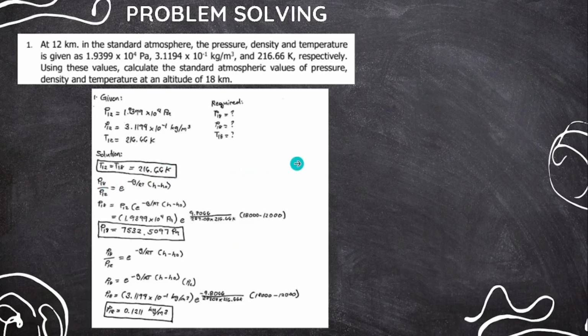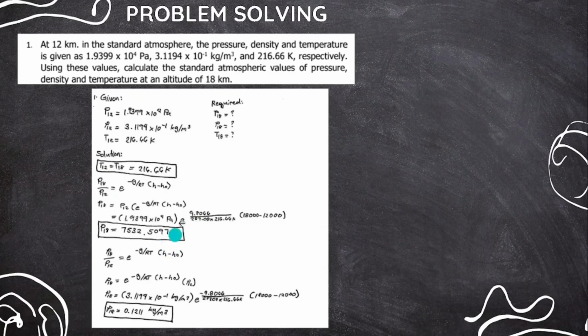The pressure at 18 kilometers is equal to the pressure at 12 kilometers, which is 1.9399 times 10 raised to 4 pascals, multiplied by e raised to 9.8066 divided by 287.08 times 216.66 Kelvin, multiplied by 18,000 meters minus 12,000 meters, which is our height difference.